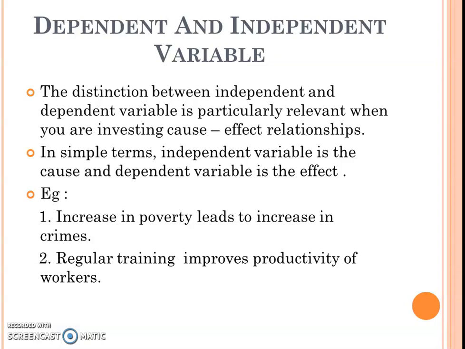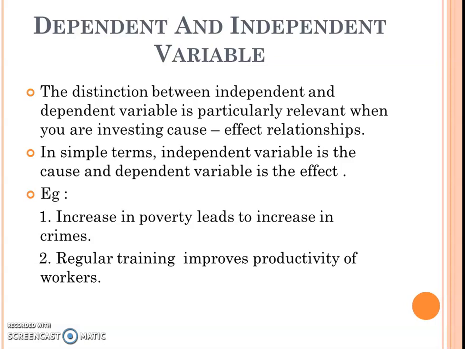In simple terms, the independent variable is the cause in a cause and effect relationship. We can look at the statements provided there: increase in poverty leads to increase in crime; regular training improves the productivity of workers.